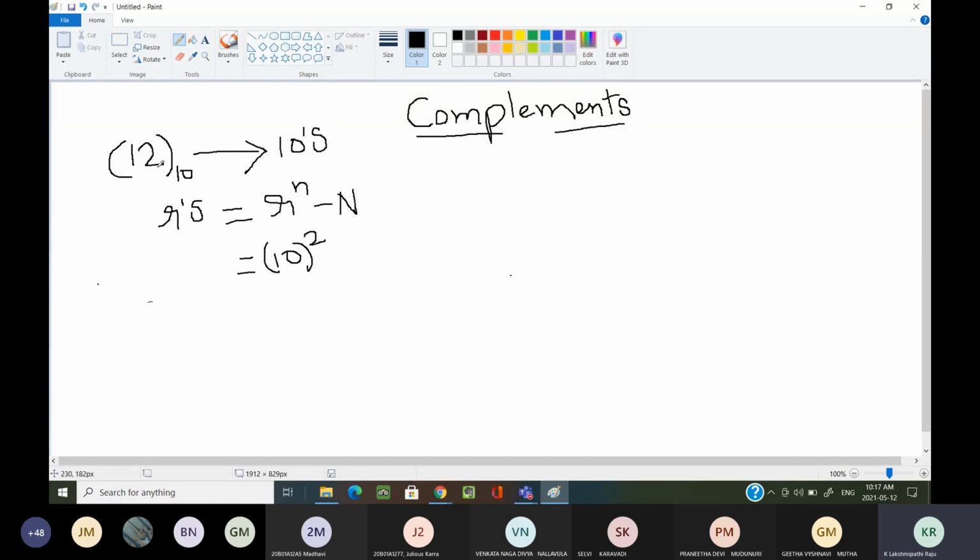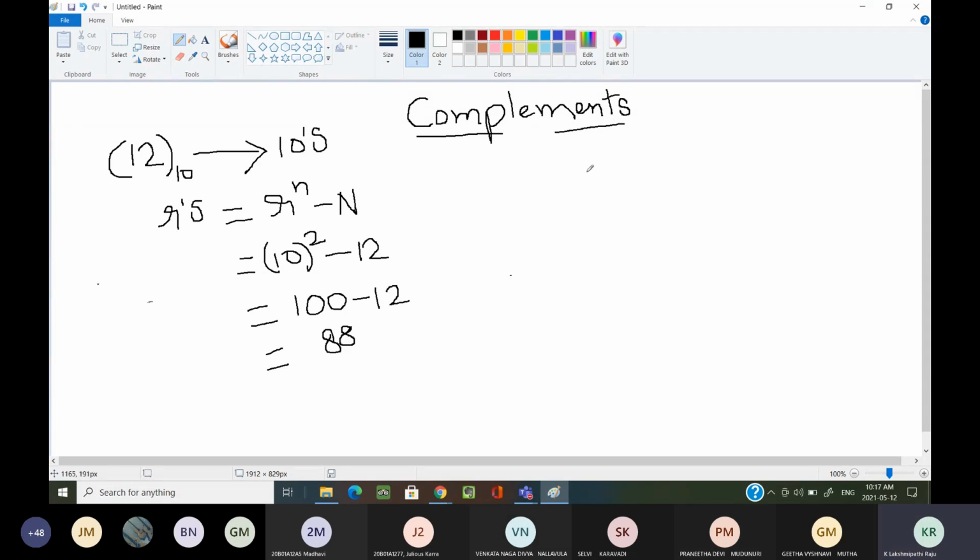Because small n, the number of digits, is 2, and capital N is 12. What is the r's complement of 12? 100 minus 12, which is 88. This is the r's complement of the number 12.